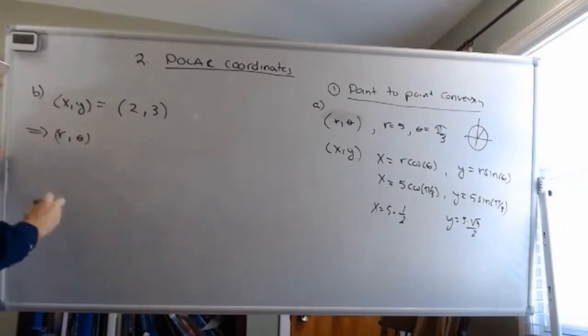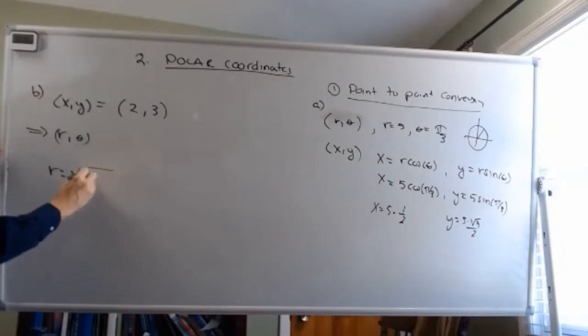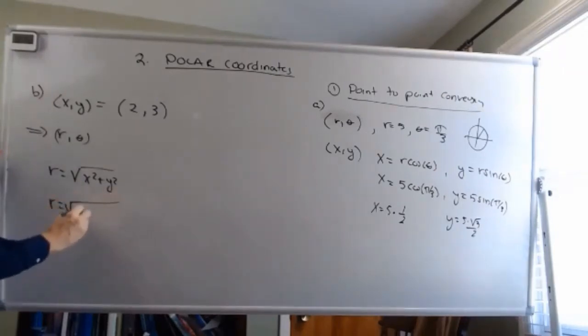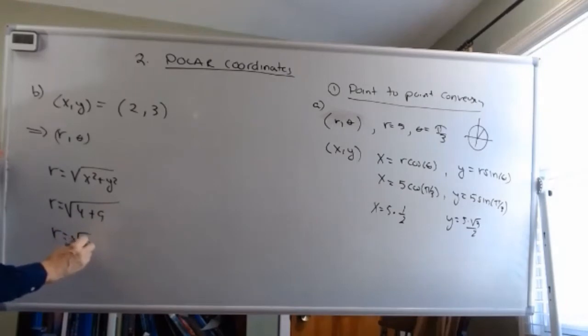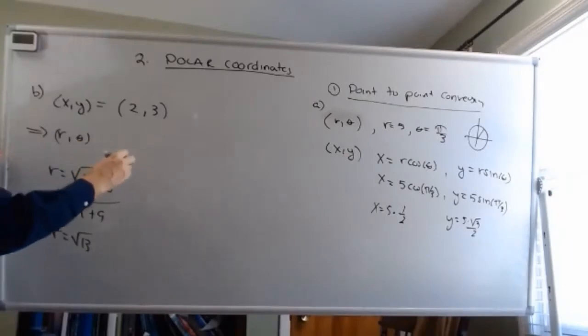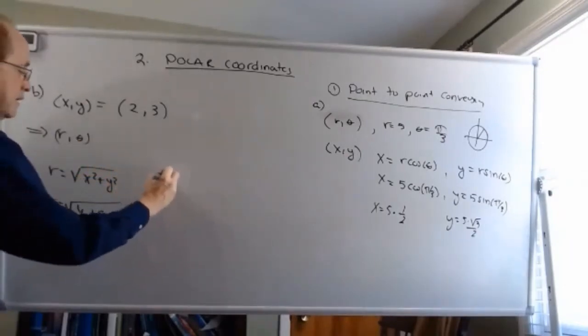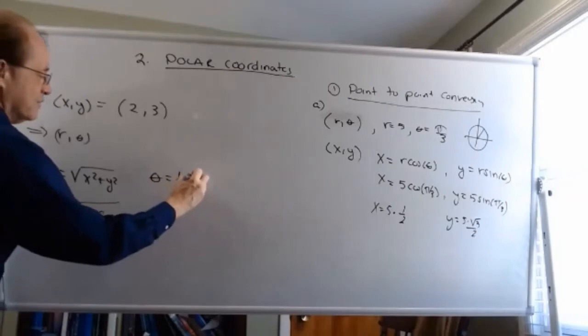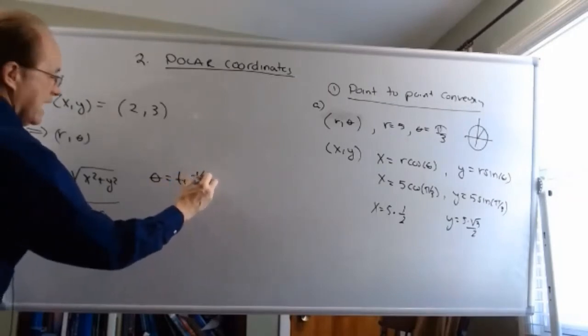Well, I know r is just equal to the square root of x squared plus y squared. Okay, so I can do that very simply. Square root of 4 plus 9, so r is equal to the square root of 13. Well, that we'll leave as exact. Now I want to get my angle theta. Okay, so my angle theta is equal to the arctangent of y over x.